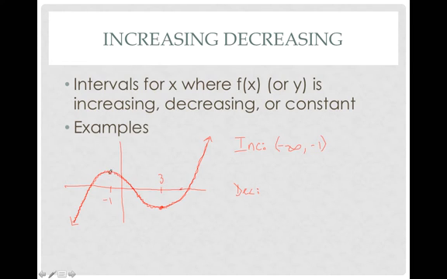Then from -1 all the way up until 3, it's decreasing. And then from 3 all the way to infinity, it's increasing. And there you have your increasing and decreasing sections for the graph.